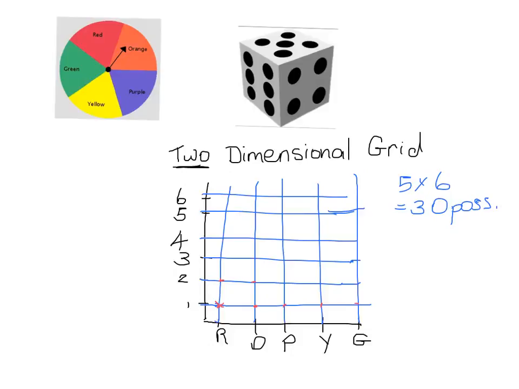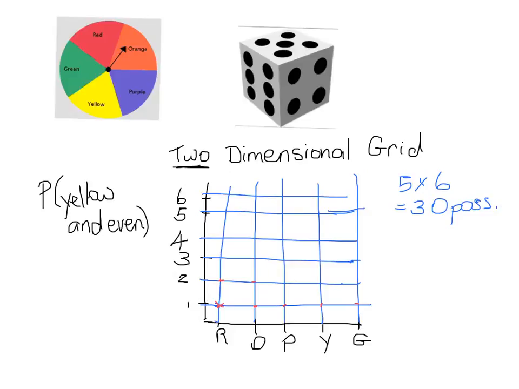Now, how does that help us with probability? Well, let's just look at a couple of examples. I am going to ask you for the probability of getting a yellow and an even number. So how can we do this? Let's use a black to mark everywhere that it is yellow and even.